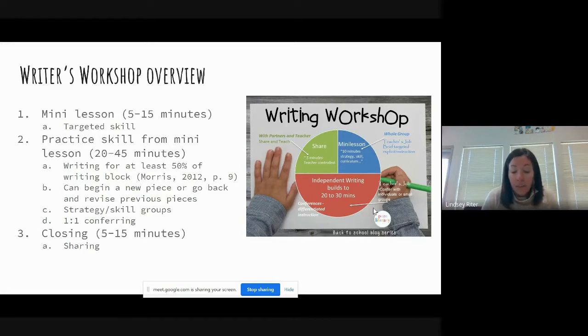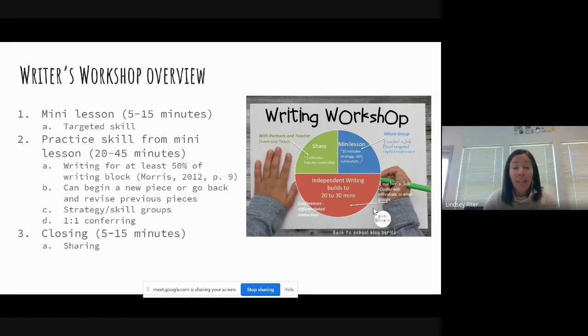The students will continue to write throughout that block. So if you have a 30-minute block, students should be writing for 15 to 20 minutes. If you have a longer block, they can be writing for longer. But the general rule of thumb is that students should be writing for at least 50% of your total block.